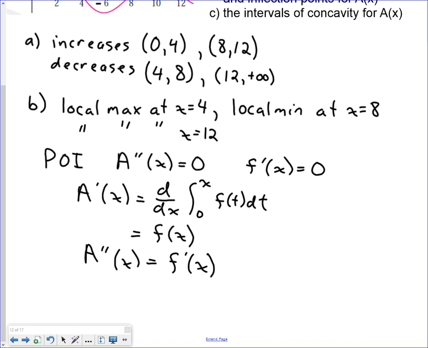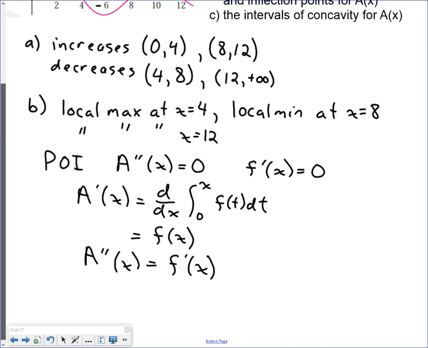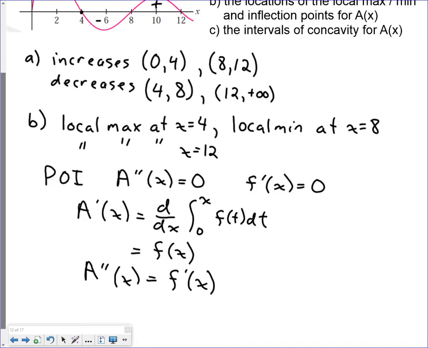Well, how can we interpret f primed at x graphically? If we're given a graph of f at x, f primed at x is the slope of the tangent. So we want places where the slope of the tangent to the graph is equal to 0.